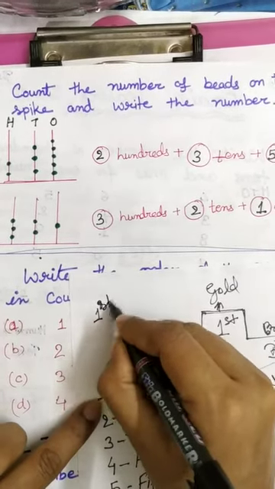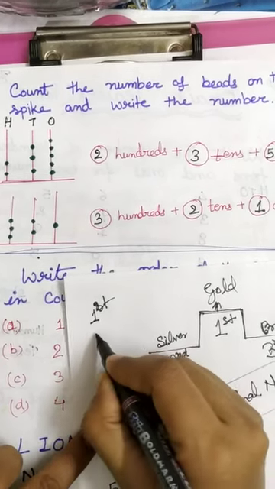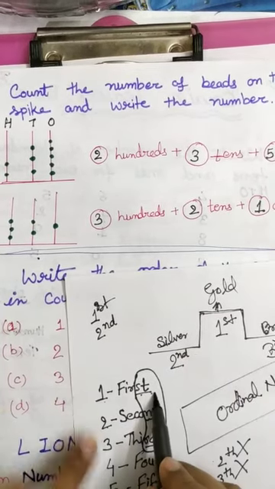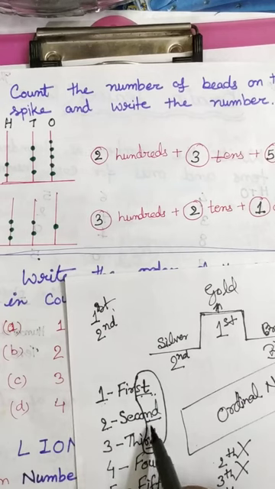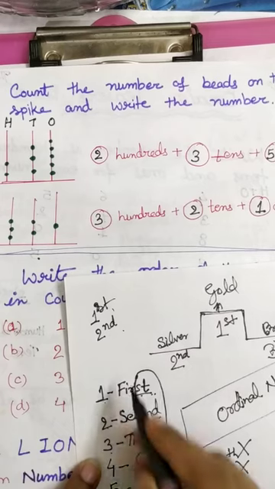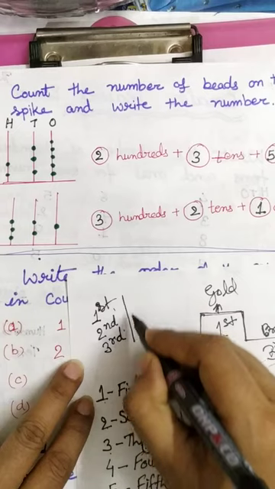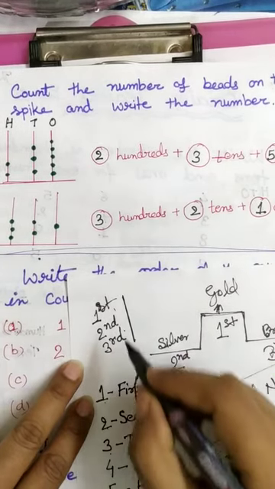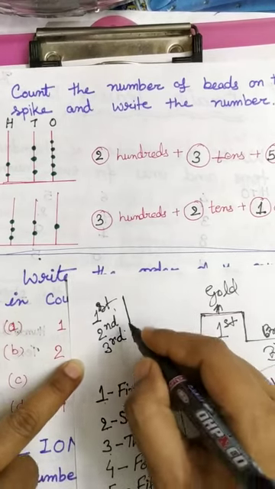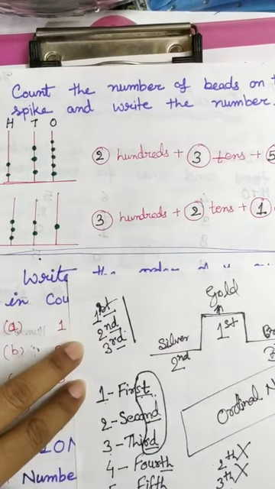See that one, ST. First, how do we write? 2 ND. Second. See that 1 ST first, 2 ND second, 3 RD third. This is the place where children do mistakes. Often when I have checked copies, in many of the copies, the mistakes were there.